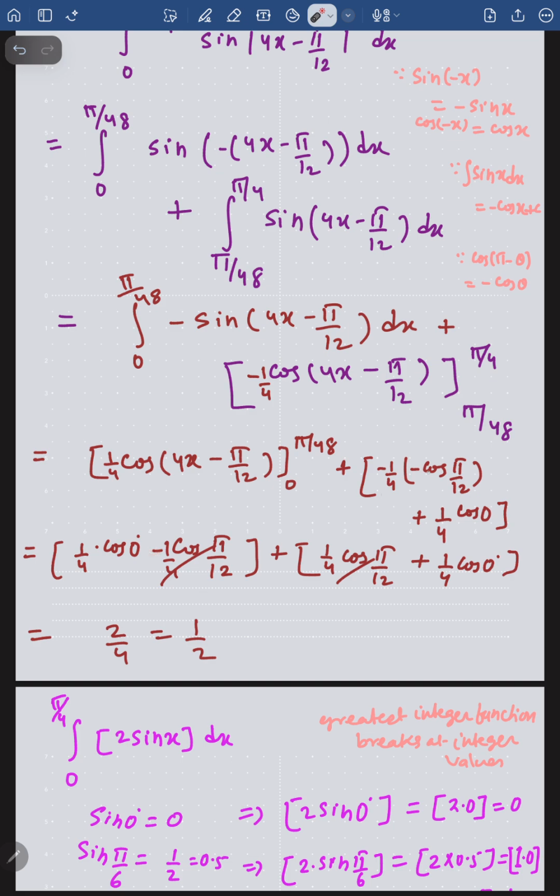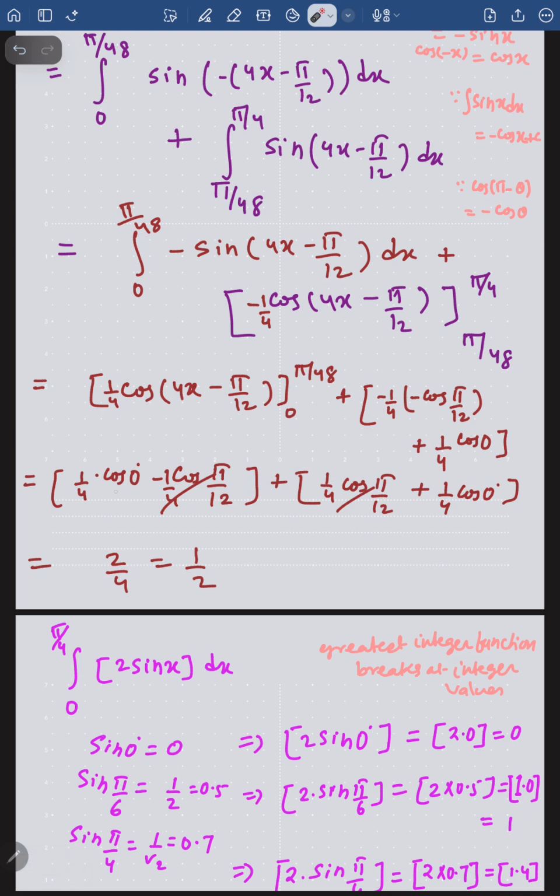Here pi by 4 will give you pi minus pi by 12, and cos of pi minus theta is minus cos theta, so minus cos pi by 12. Again this minus and minus will give you plus 1 by 4, and 4 into pi by 48 is pi by 12 minus pi by 12, so this is 1 by 4 cos 0.